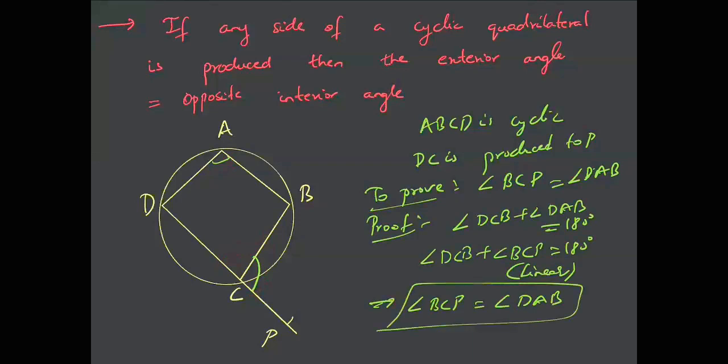So in any cyclic quadrilateral, if you extend one side, then the exterior angle is equal to the opposite interior angle.